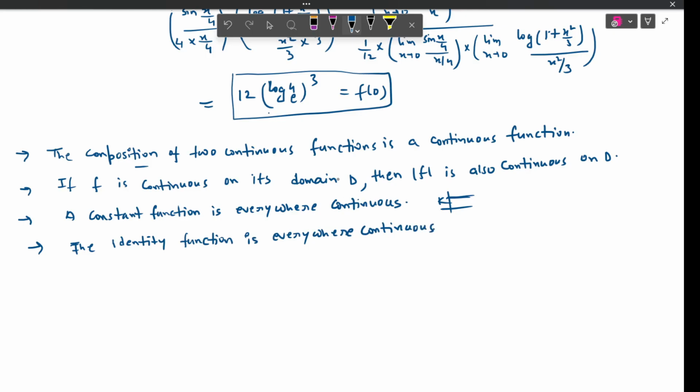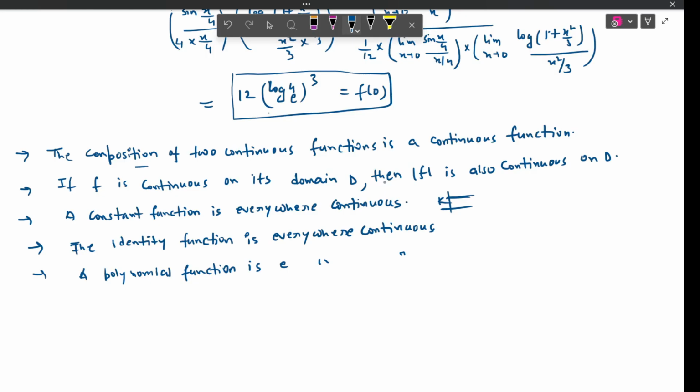Okay, next point, a polynomial function is everywhere continuous. Polynomial function, that is x square plus 2x or 3x square plus 4x plus 4, right? This type of polynomial function is always continuous.